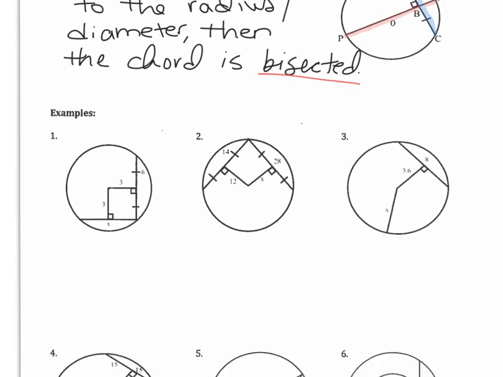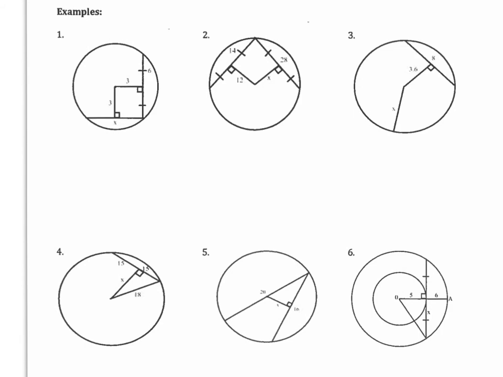So if I look at some of these examples, in example 1, there is one teeny tiny typo. This 6 here means the whole thing is 6. So notice this is a radius, and this is a chord. The radius is perpendicular to my blue chord, which means my chord is bisected.